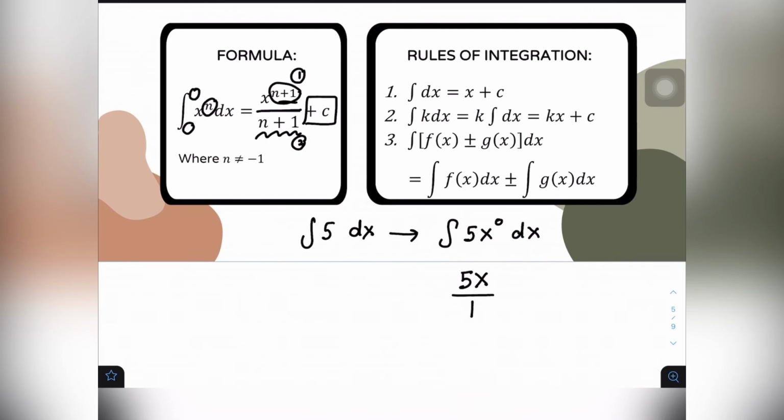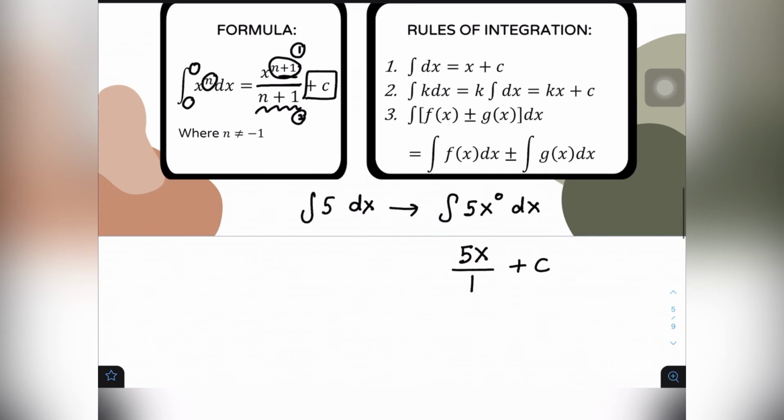You divide by 1, plus c, because this one is an indefinite integral. You have no lower limit and upper limit. Therefore, 5x divided by 1, you actually get 5x plus c. This is the answer.